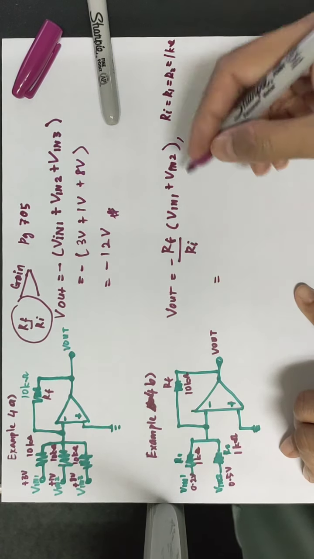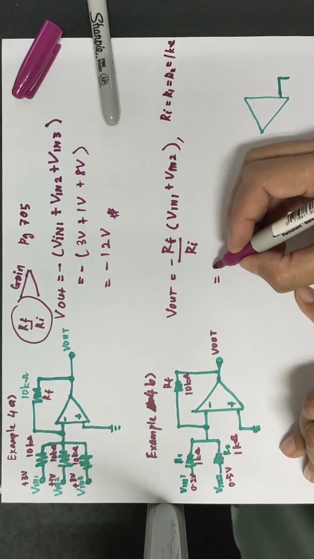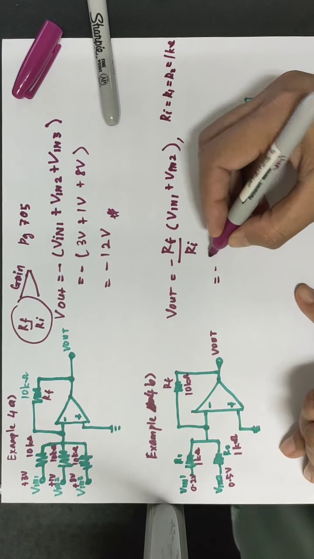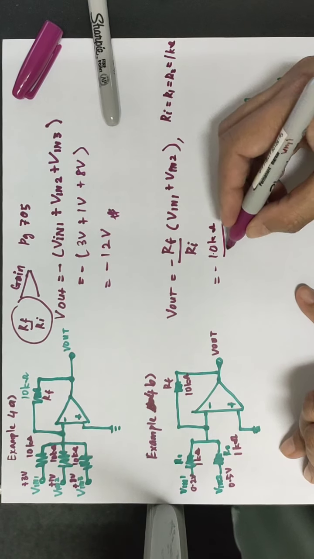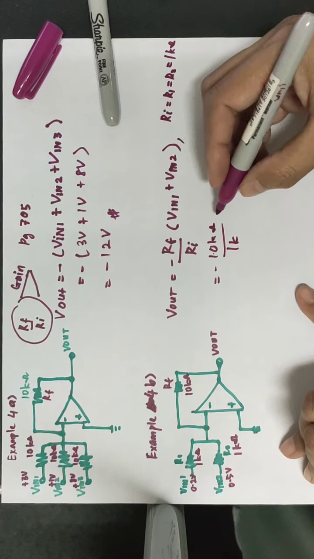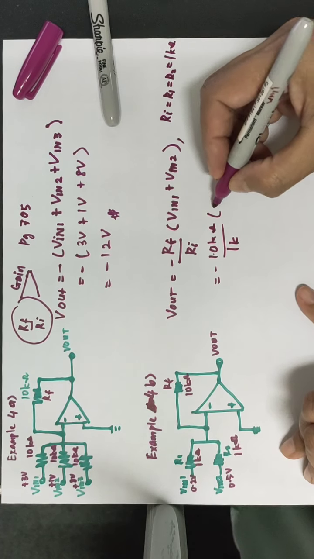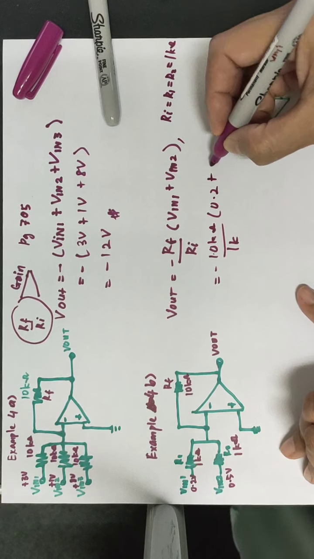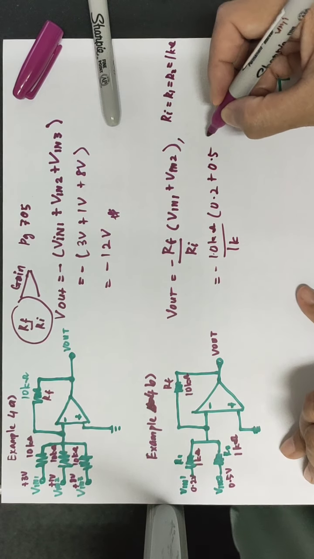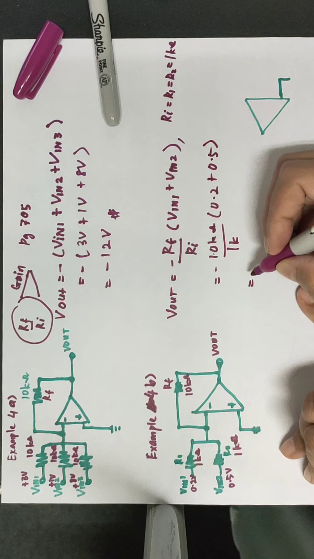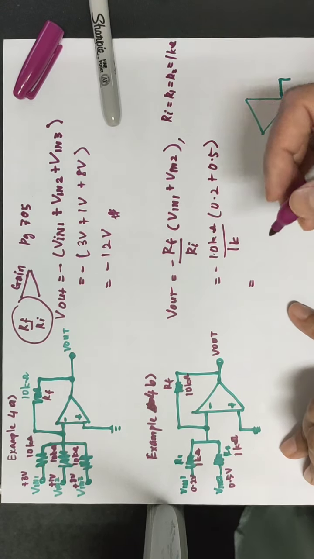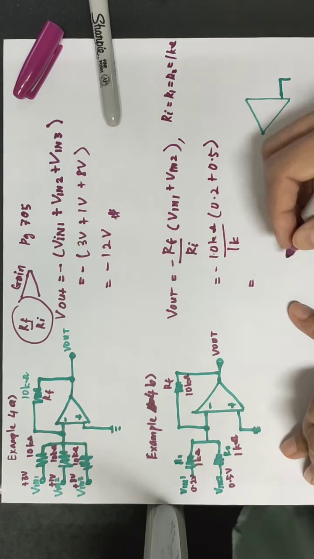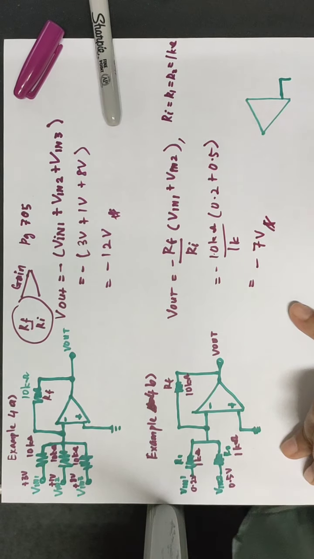Fill up the formula: negative RF is 10 kilo ohm, RI is 1 kilo, and then V in is 0.2 plus V in is 0.5. Now you will get the answer as negative 7 volt.